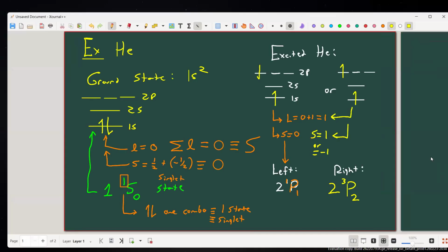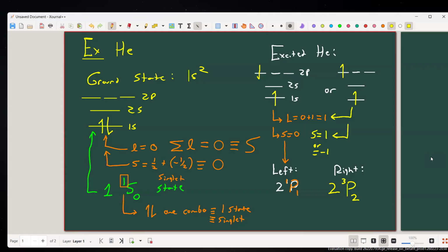But remember, when we add angular momenta together, we get everything between the sum of the angular momenta and the absolute value of the difference of the 2 angular momenta, differing by 1. So the maximum value of J we can get is L plus S, but the minimum value we can get would be the absolute value of L minus S, which is 0.